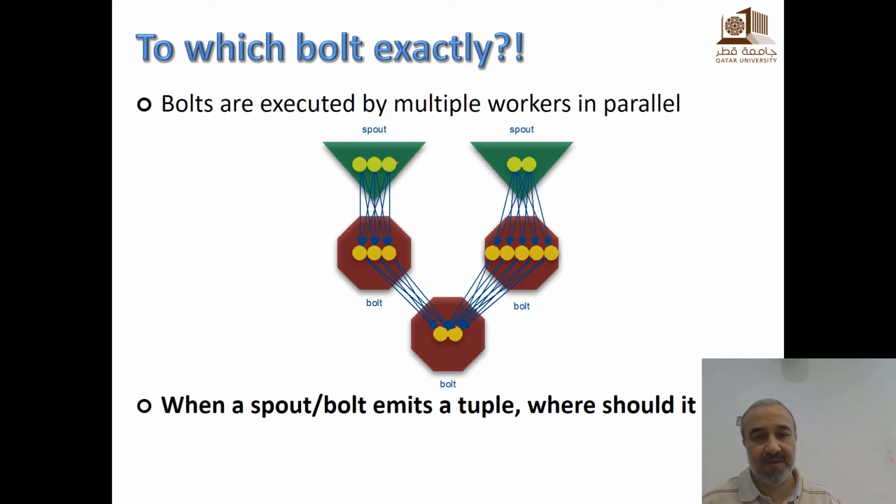So here we have 3 tasks, here we have 3 tasks, here we have 5 tasks, and so on. For each link in the topology, we need to know how the data will go from each task here to each task here. So when a spout or bolt emits a tuple, where should it go? That's what's missing.